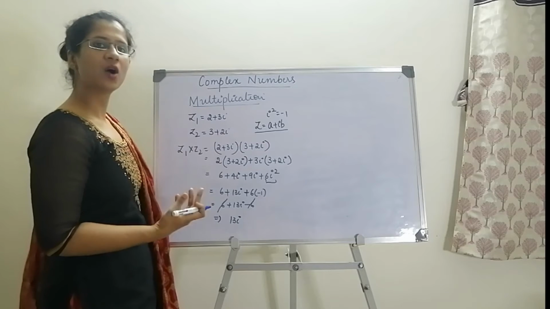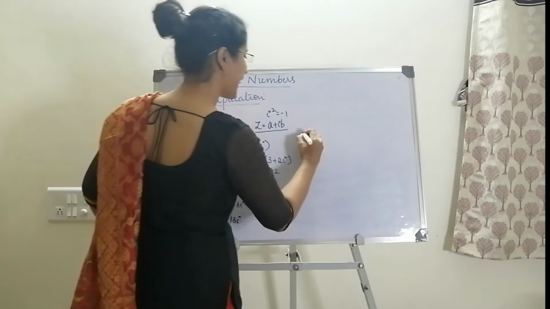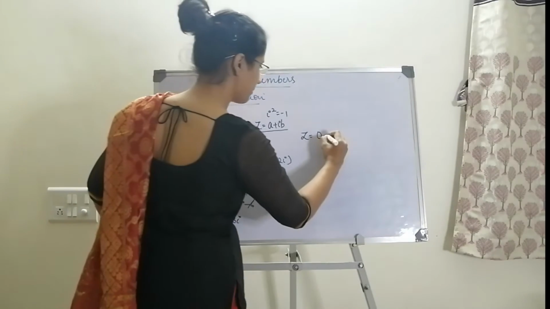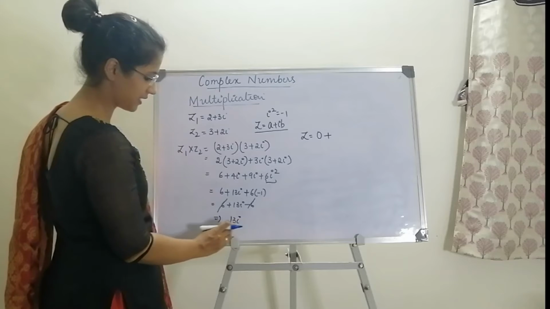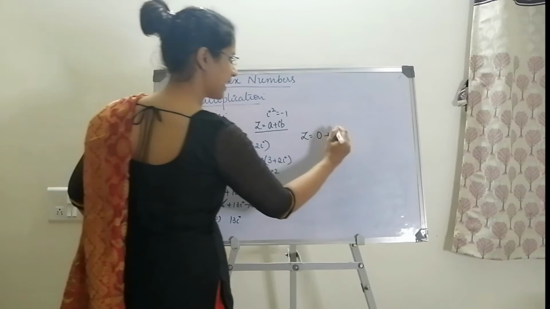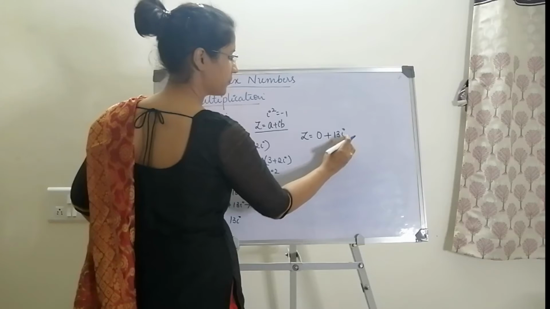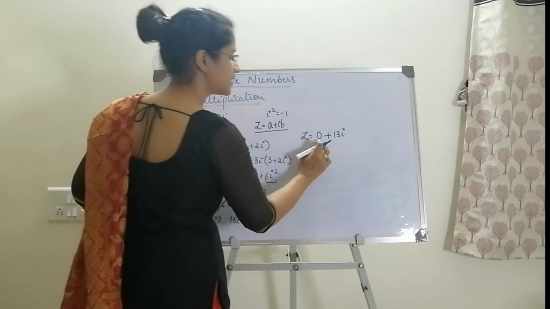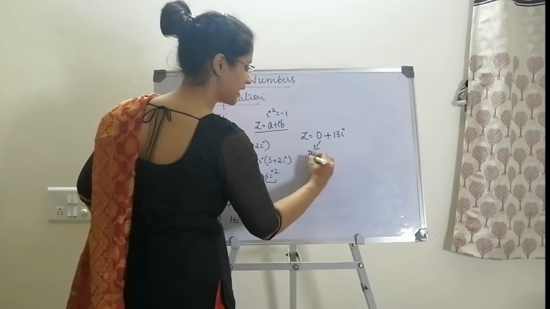So how do I write my complex number in the form a plus ib? The real term is denoted as 0, and the imaginary term here is 13i. Therefore my complex number is written as 0 plus 13i, where 0 is my real part.